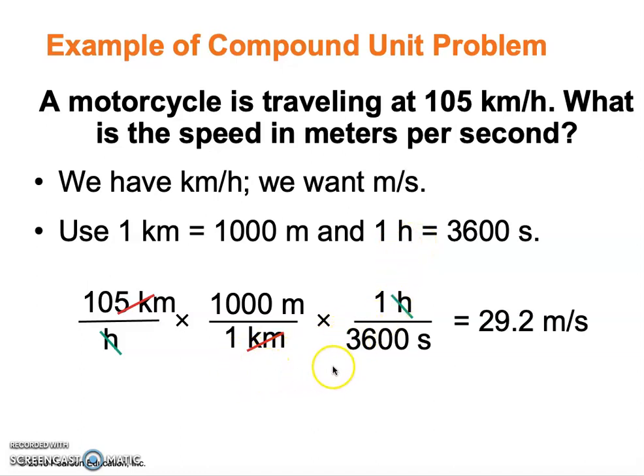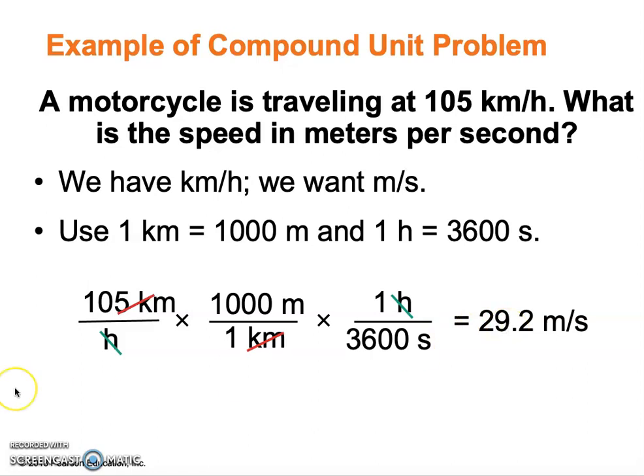When you put it this way, you can see hour cancels out, and it gives you the remaining units, meter and second. When you put all these numbers into a calculator, you get the answer 29.2 meters per second. Remember, the other units cancel out, giving you the final unit in meters per second. This number had 3 significant digits, so your final answer must have 3 significant digits.